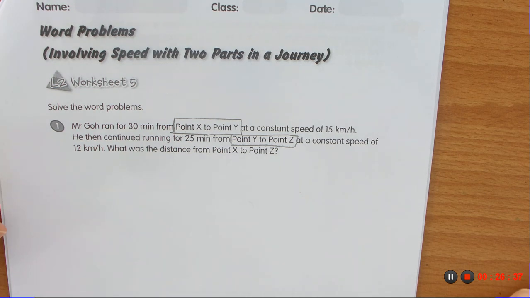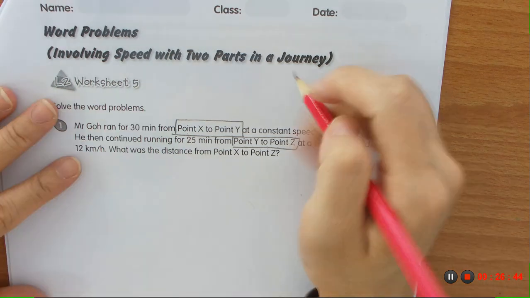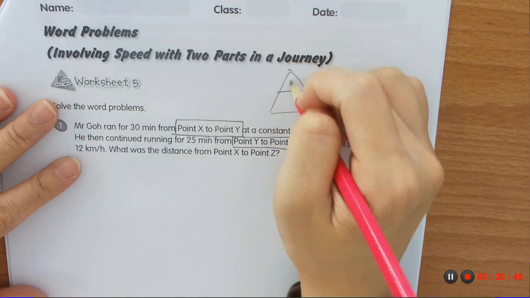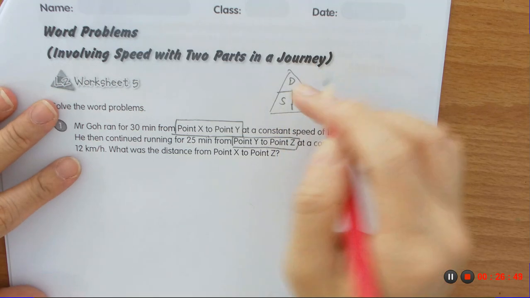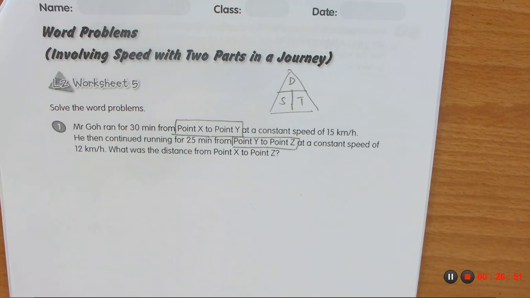And these two parts may be different speed, different distance, different duration. So in other words, I will have a triangle, distance, speed and time, and you realize that I have maybe two triangles, three triangles, because it's different for every part.